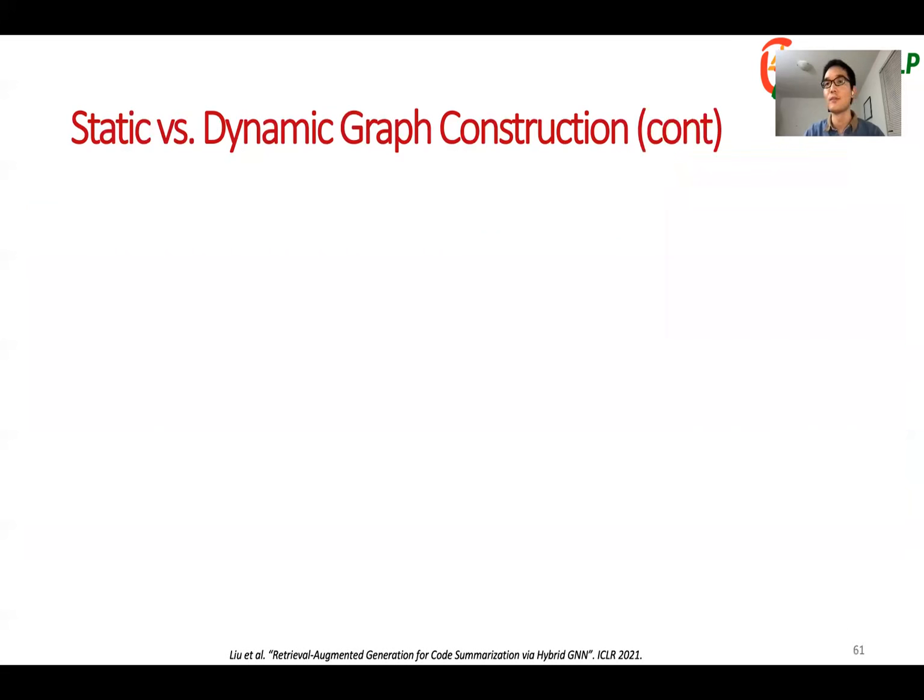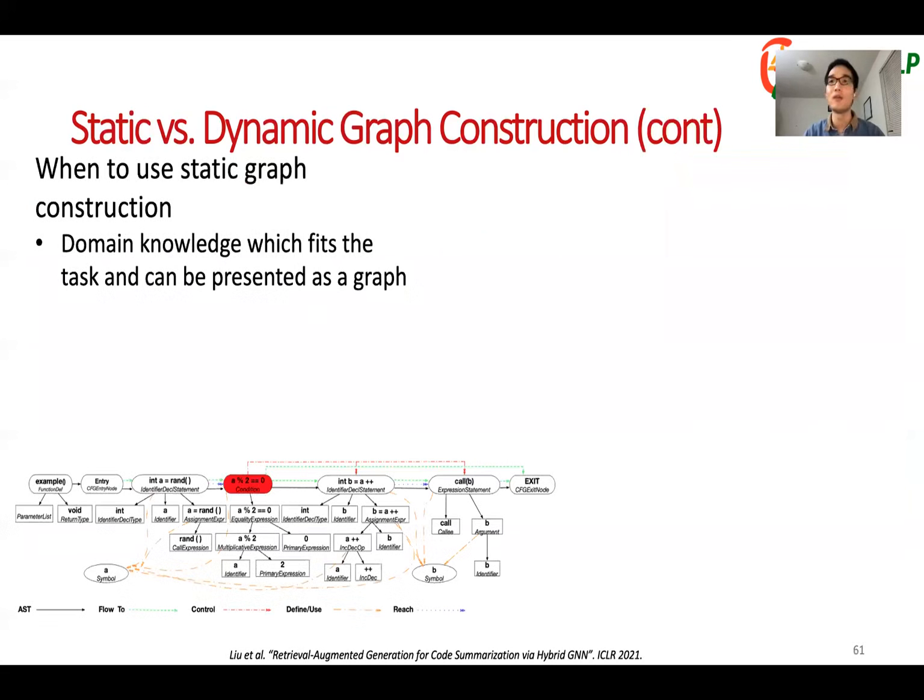Now it comes to the question, when to use which? Based on our study and practice, it's best to use static graph construction when we have domain knowledge at hand, which fits the task and can be represented as graph.